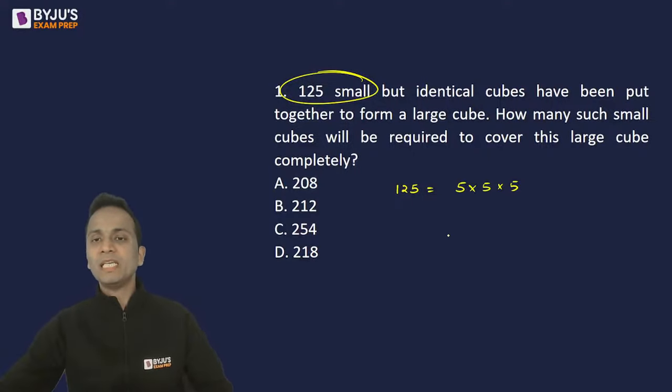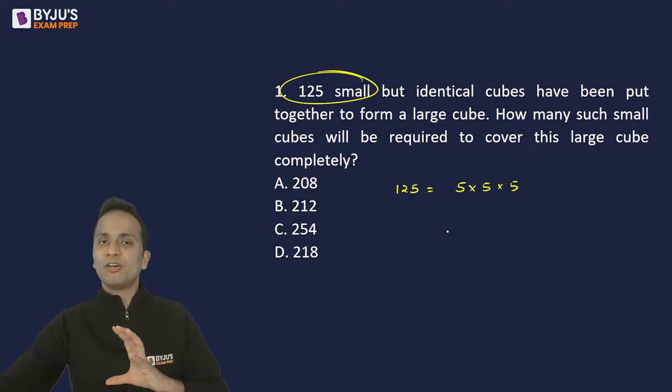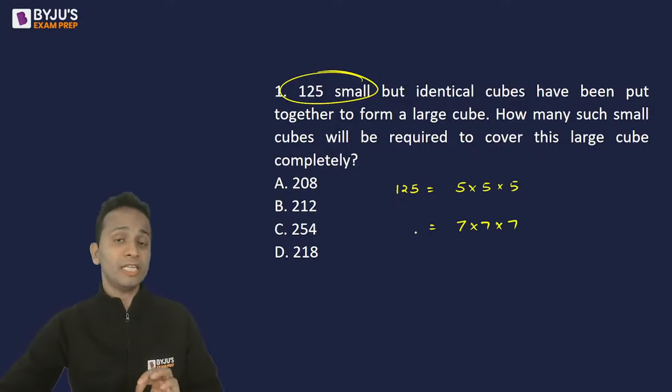Basically, if I cover this larger cube by putting one small cube everywhere on every side, then the resulting bigger cube will become 7 into 7 into 7. So the total number of pieces in the new cube will be 7 into 7 into 7, that is 343.